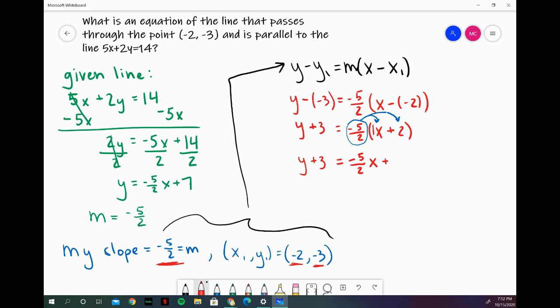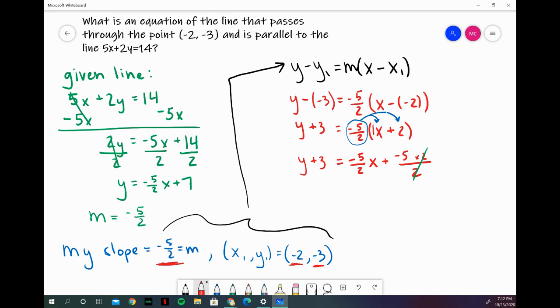Plus -5 times 2 over 2. But what do we know about 2 divided by 2? That's just 1. And so really, I have just -5.